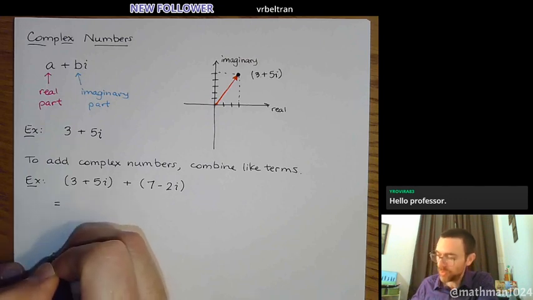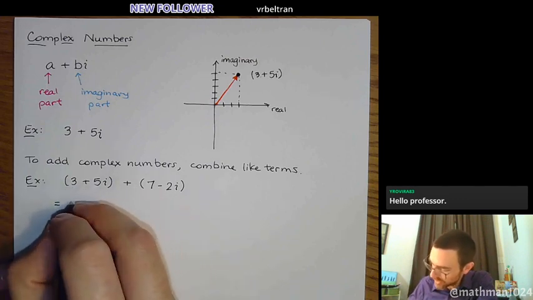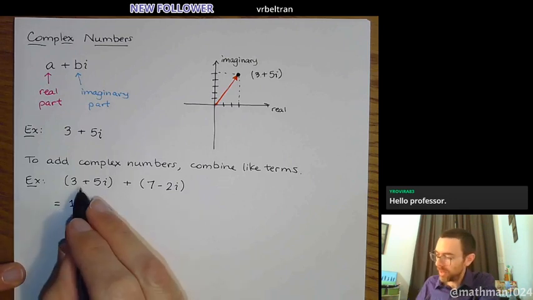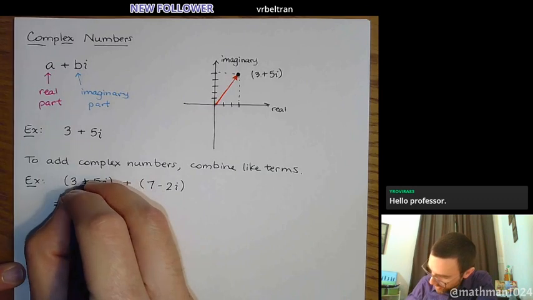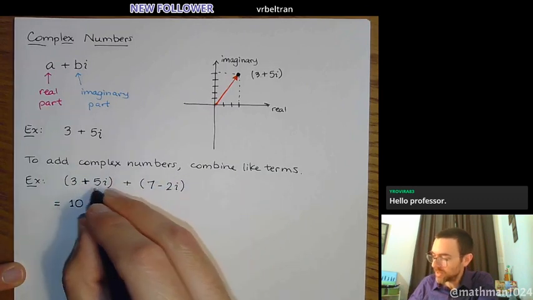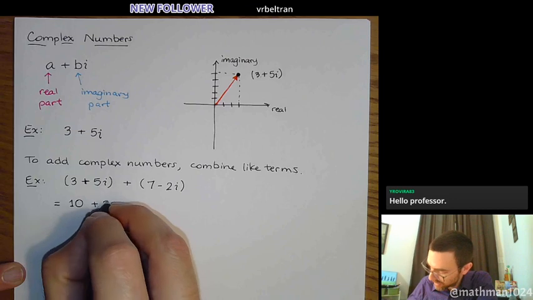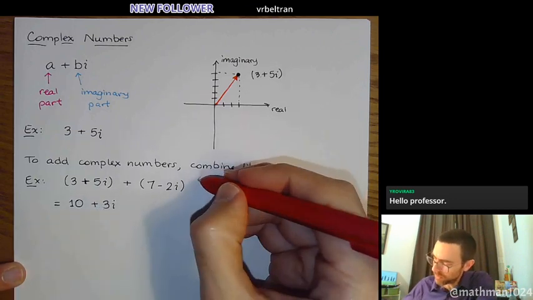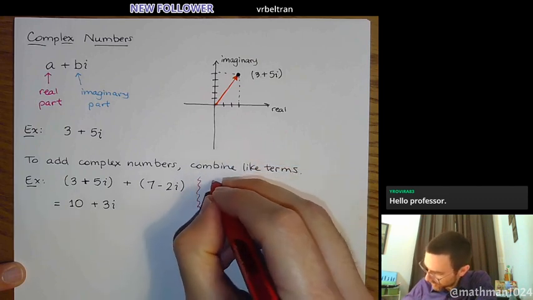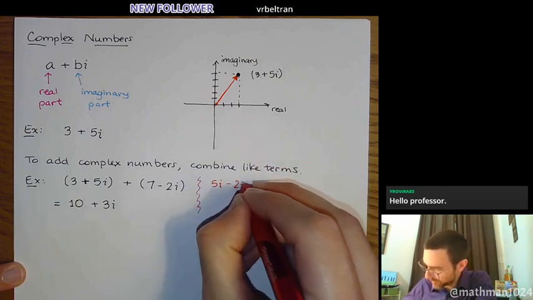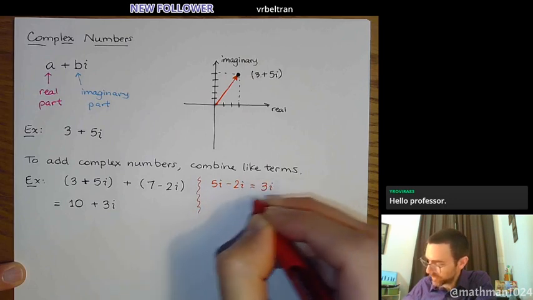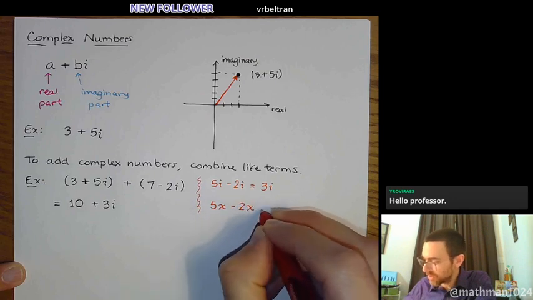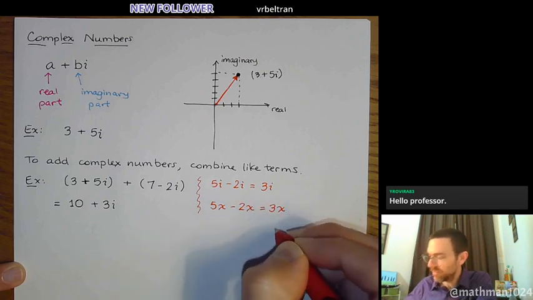So you combine the real stuff: you have 3 and a positive 7, so that gives me 10. Then you look at your imaginary pieces. You have a positive 5i, and you have minus 2i. So positive 5 and negative 2 gives you a positive 3i. What we need to remember here is that taking 5i minus 2i to get 3i is no different from taking 5x minus 2x and getting 3x.